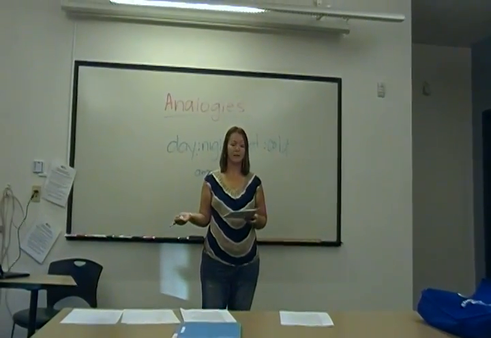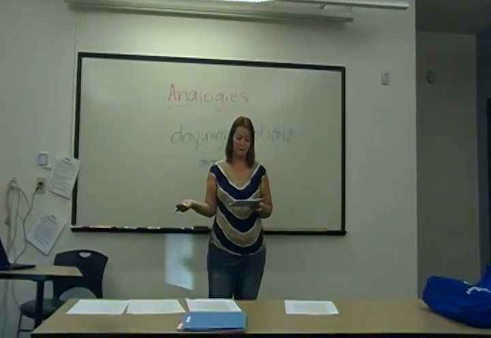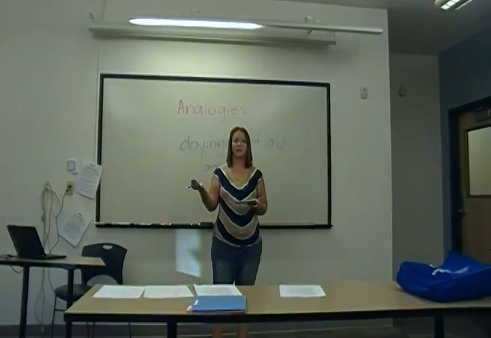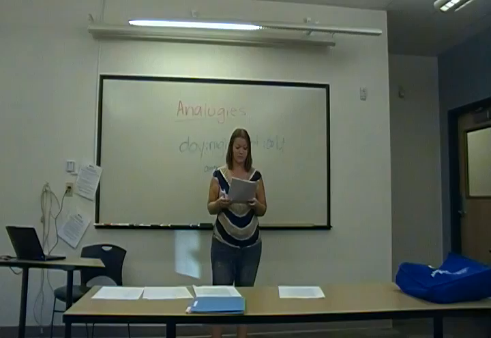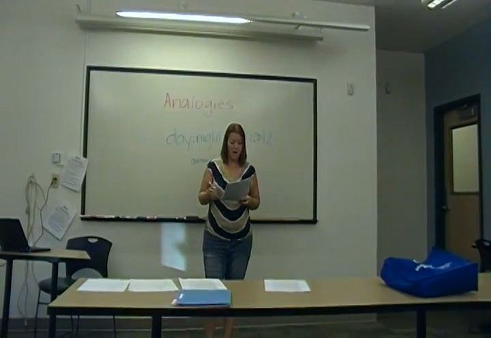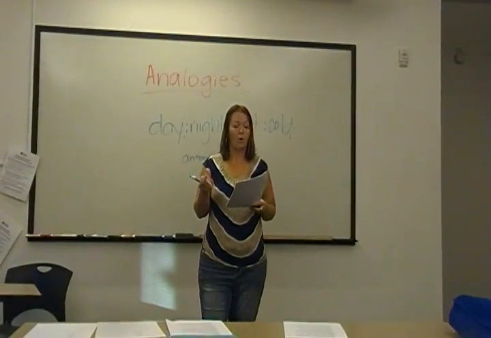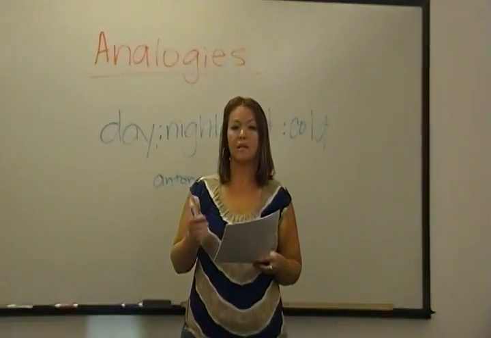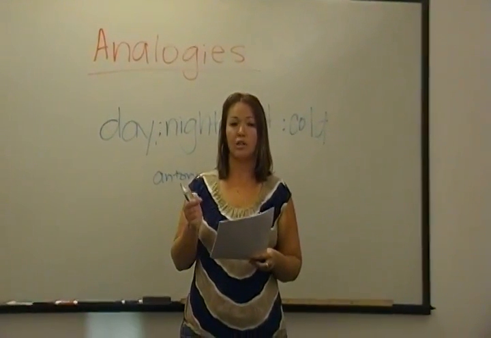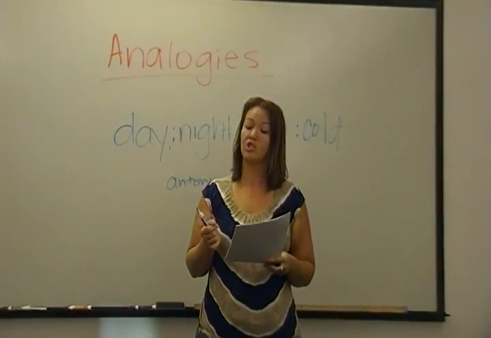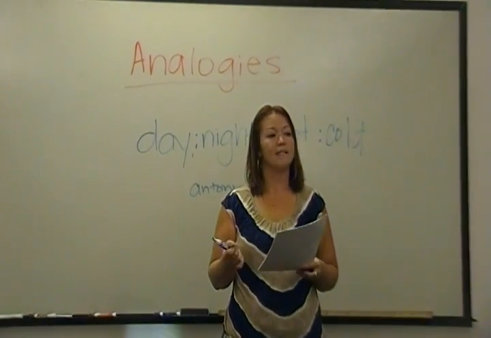Or we could say it as an hour is comprised of minutes, just like a pound is comprised of ounces. Another one would be fork is to eat as shovel is to dig a hole. Relationship is object to function. You can use a fork to eat just like you use a shovel to dig a hole.